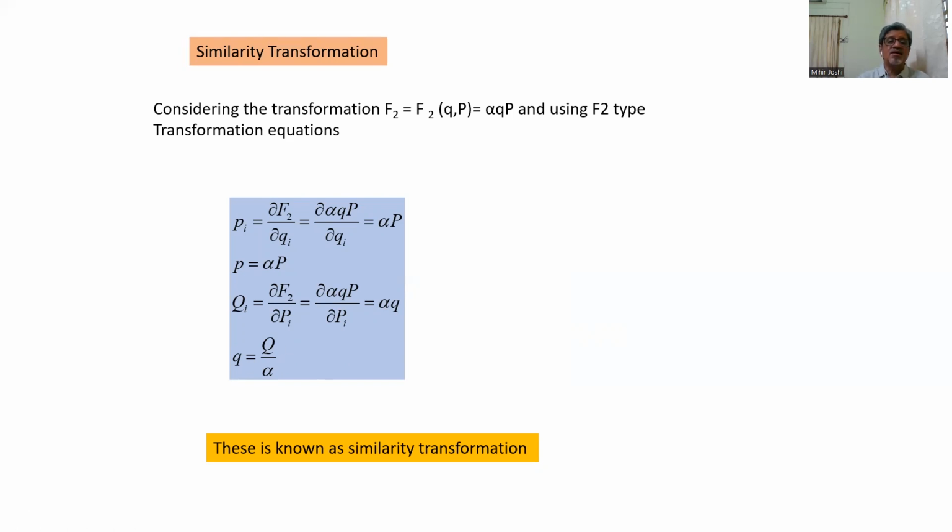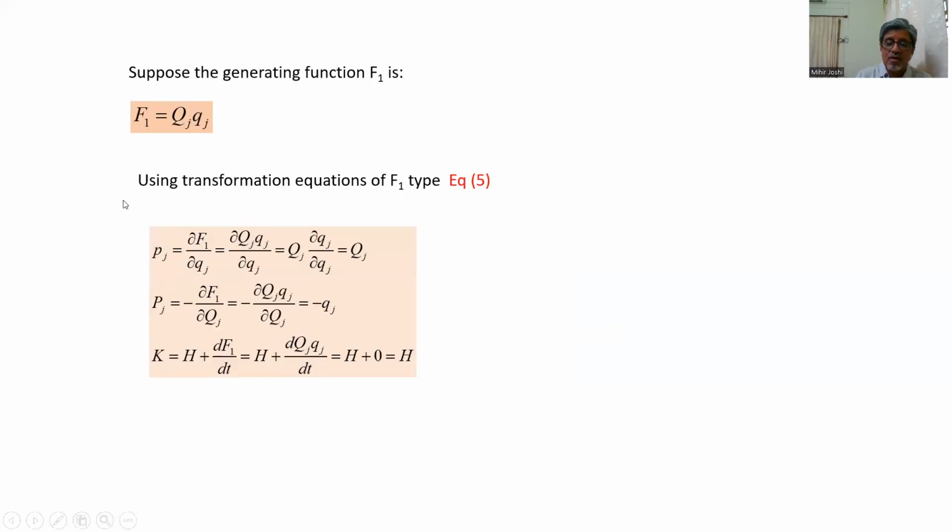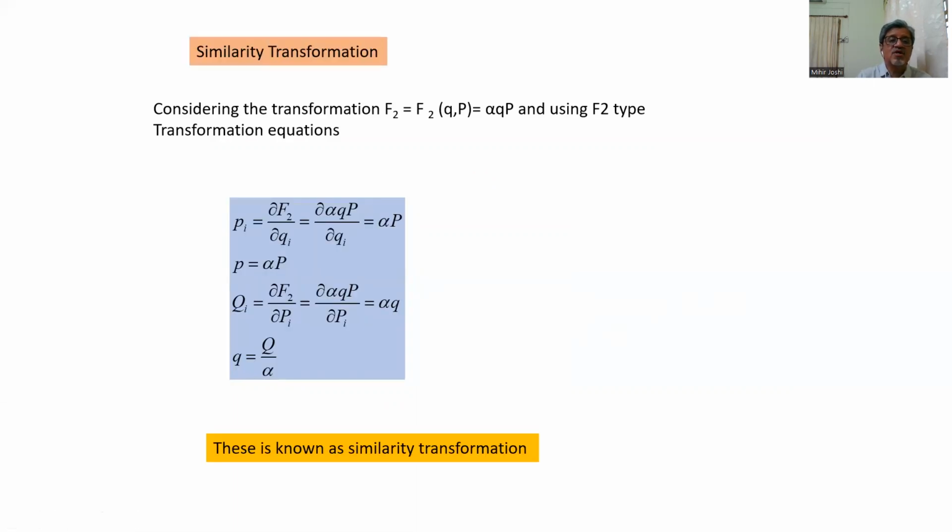So there are relations: small p is related to capital P by the first equation, that is p is equal to αP. And by the second transformation equation, small q is related to capital Q, so small q is equal to capital Q divided by α.